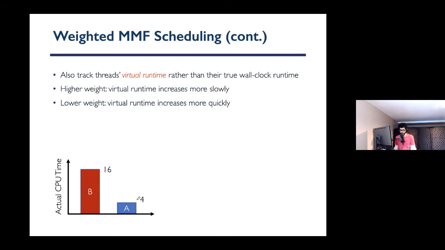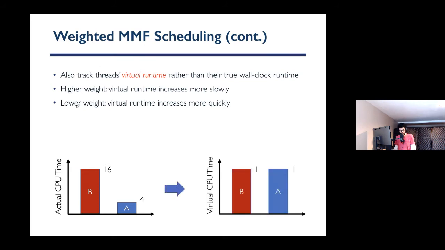Should I really do that? The answer is not really. I have to divide this actual CPU time by the threads' weights to get a normalized time on CPU, which we're going to call virtual runtime. Instead of actual CPU time, I now have to look at virtual CPU time, which is the actual CPU time divided by weights.